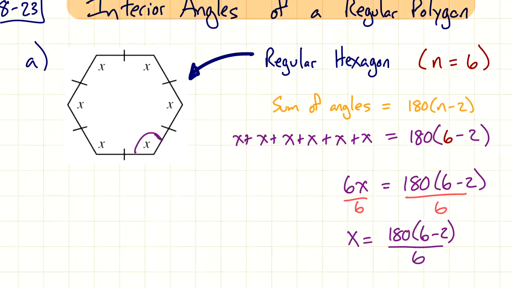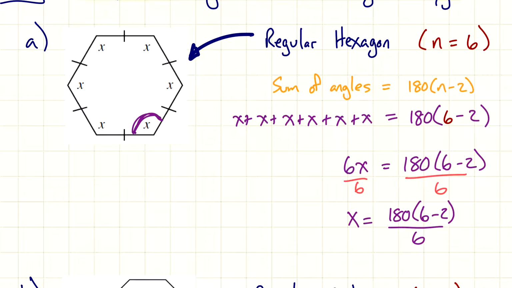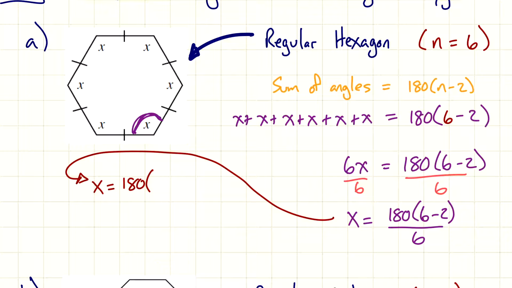So all we have to do is simplify this. x equals 180, and 6 minus 2 is 4, divided by 6. You have choices. You could try typing all that into the calculator, or maybe you could try to simplify it. 180 times 4, or maybe you want to do 180 divided by 6.